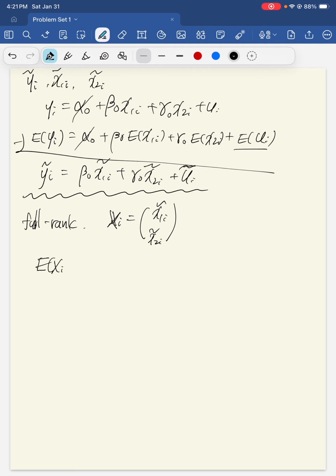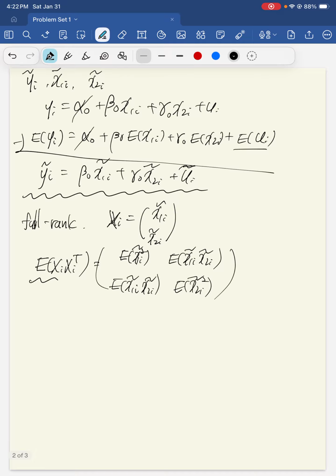Then full rank means the matrix expectation of X X prime, which is expectation x1i tilde squared, expectation x1i tilde x2i tilde, then x1i tilde x2i tilde, x2i tilde squared. The 2x2 matrix looks like this, and we know that the expectation of the demeaned variable squared is variance, and this is covariance.